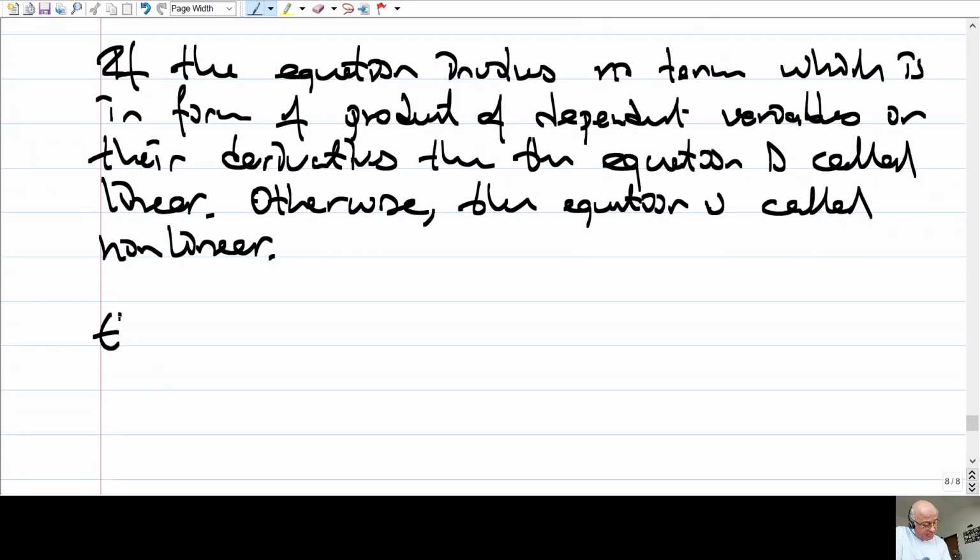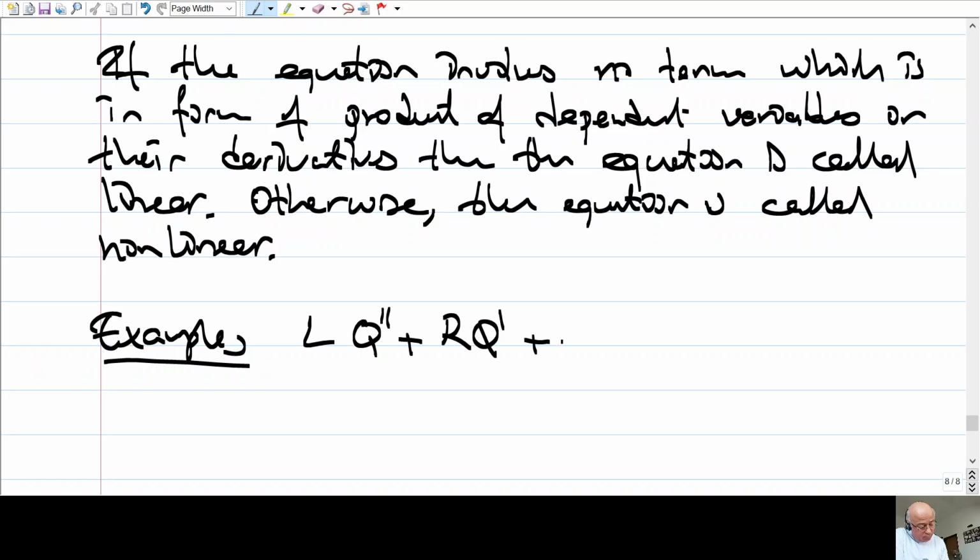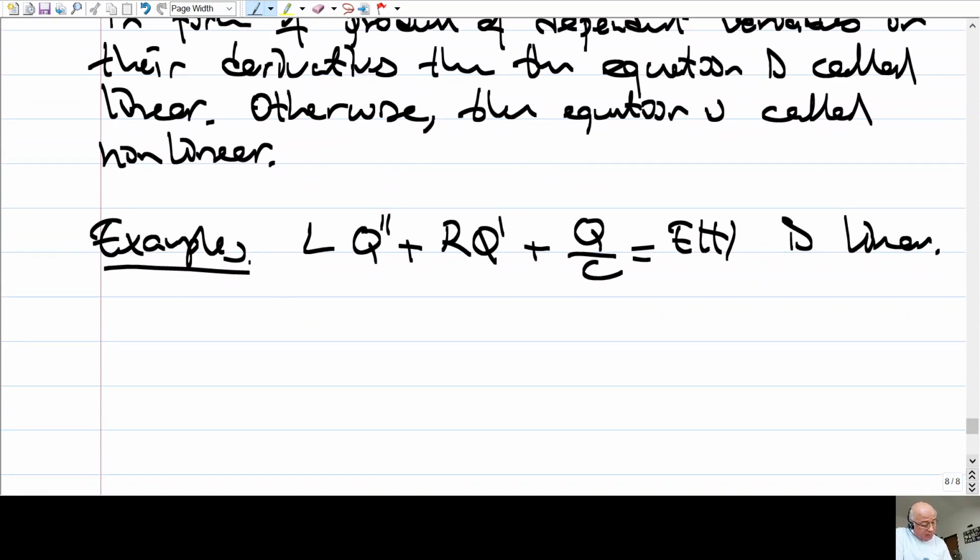Okay. Let's see some examples. All the examples we have seen above are linear, right? So let's say this RLC circuit, for example. This is linear. A nonlinear equation has the following form.